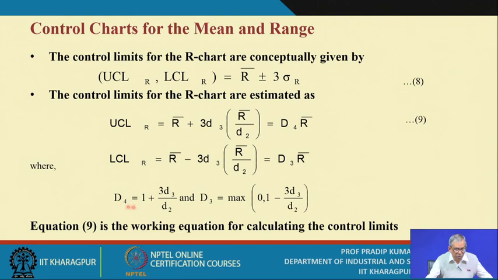Where D4 is 1 plus 3 D3 by D2 and D3 is the maximum of 0 and 1 minus 3 D3 by D2. That means if it is negative, convert it into 0. So this equation is the working equation for calculating the control limits.